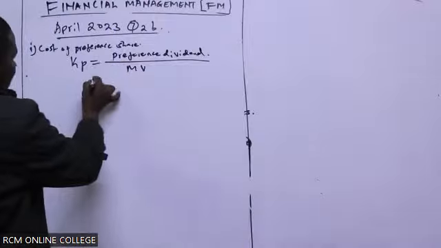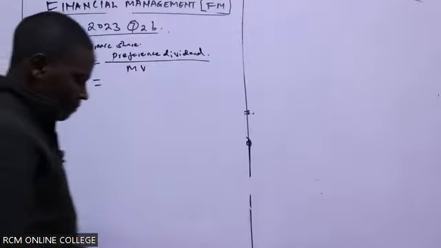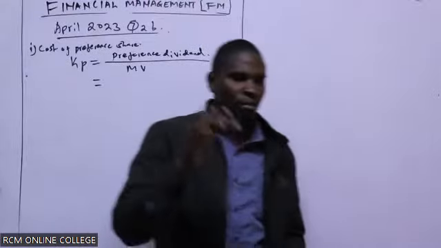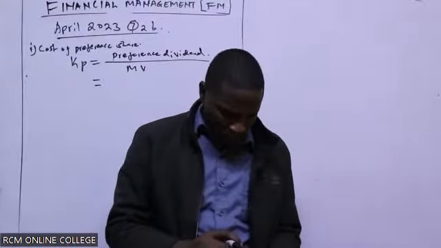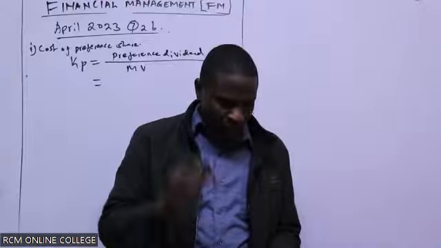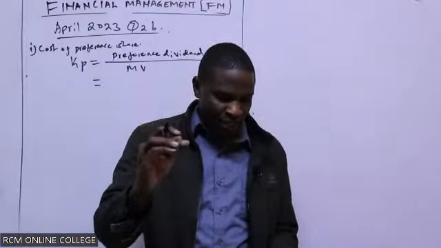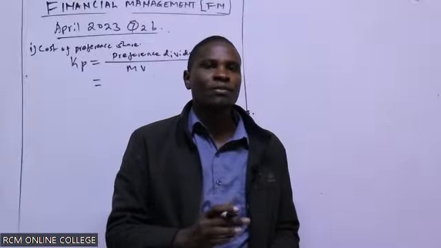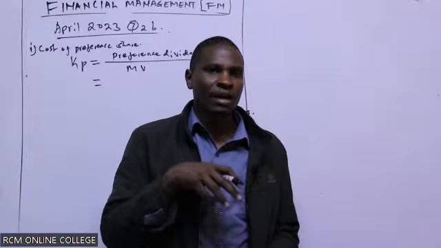Now, I just have to check how I get my preference dividend. I have to check the information talking about preference shares. So you come here and check: 8% preference shares of 100. Remember, for us to get preference dividend, it is just like how we get interest.